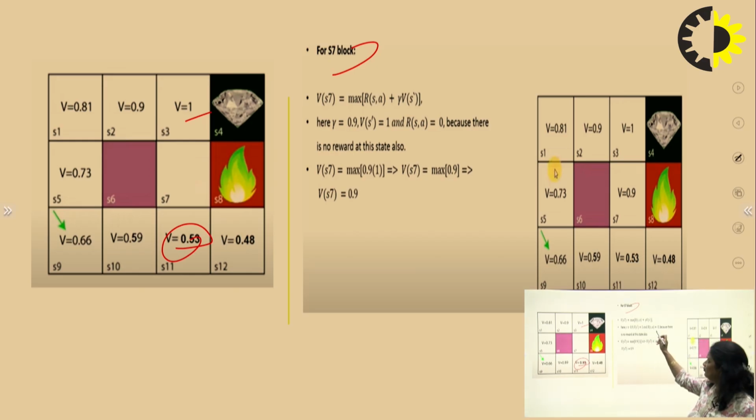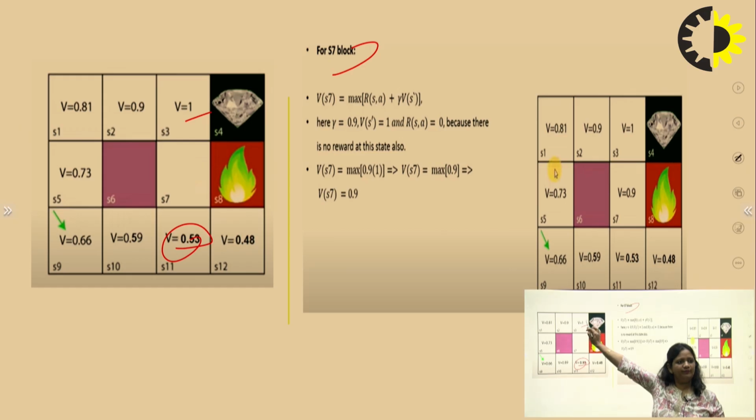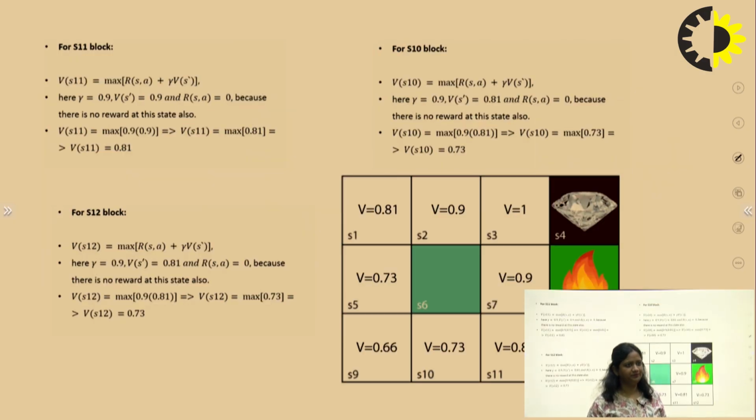So the reward is 0 because there is no reward at this state. 0.9 multiplied by the value of the previous state, that is the maximum, 1. So the value of V(S7) is 0.9. So we are going to fill this value with 0.9.